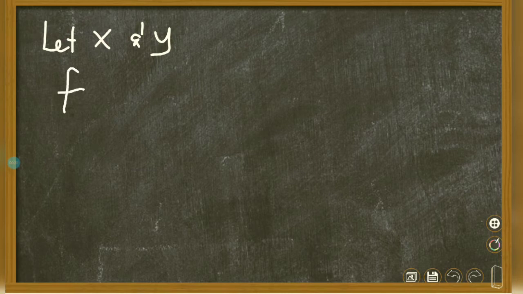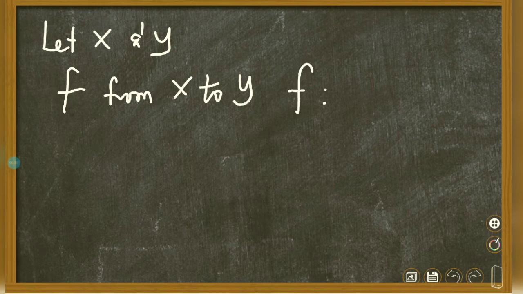Mathematically, let's define this. Okay, function, so we're going to let x and, of course, y be non-empty sets. A function from x to y is denoted by f: x → y.